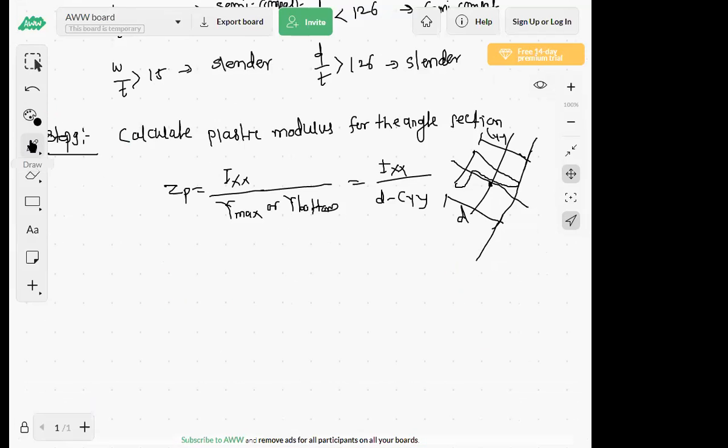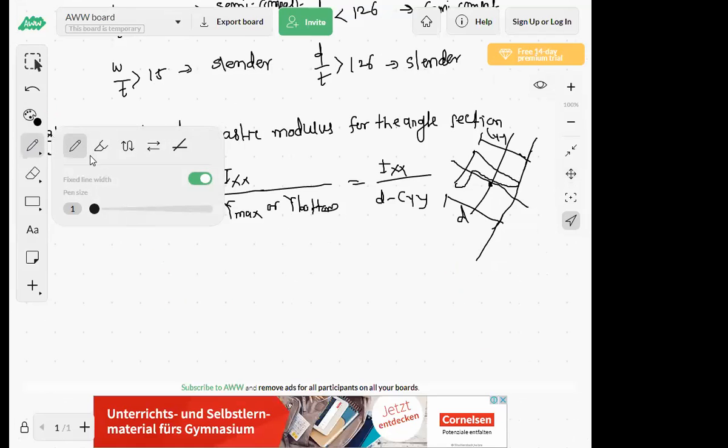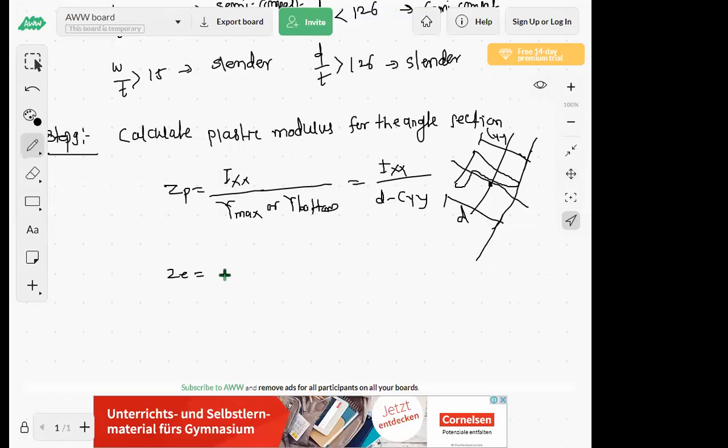Okay, similarly from the ZP we have to calculate ZE. ZP is the plastic section modulus. Now we have to calculate ZE. So how to calculate ZE? ZE again is I by Y. So here Ixx divided by Y minimum. Y minimum is here CYY, the centroidal distance from the top.